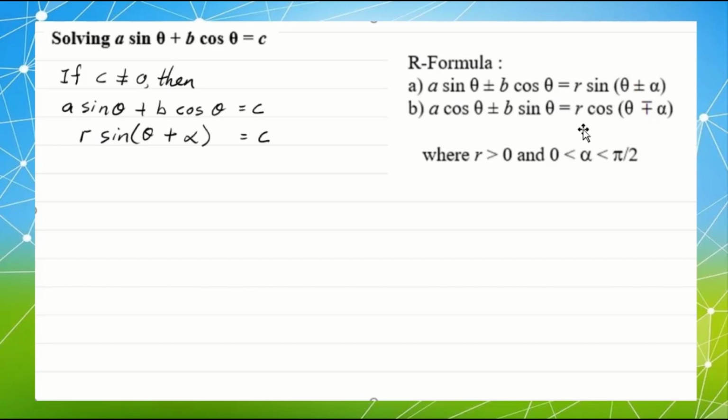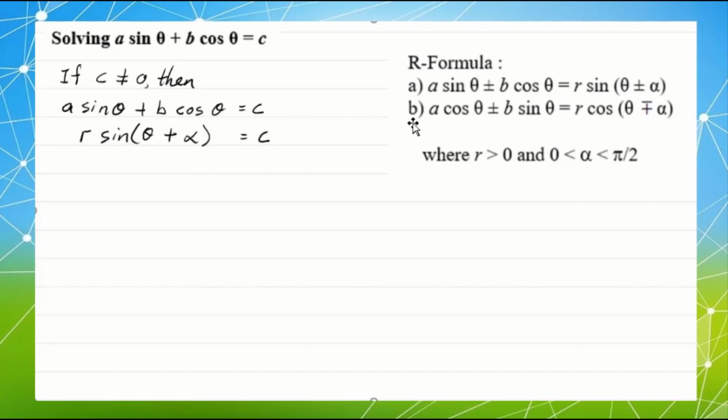Now when we look at here, there are two types of R formula. It depends on the expression given here. If the expression given is a sine theta plus b cos theta, then the R formula is R sine theta plus alpha. If the expression is a sine theta minus b cos theta, then the R formula is R sine theta minus alpha.